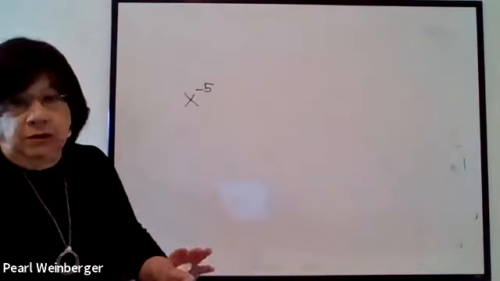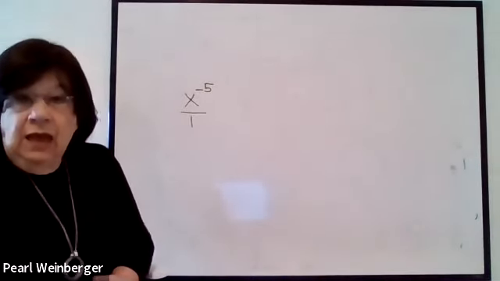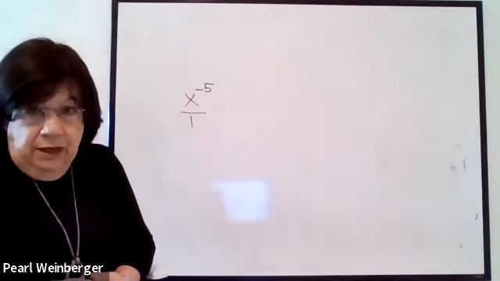Whenever you have an expression with exponents, especially if there's a negative exponent, and you want to simplify it, first of all, if your example is not a fraction, write it as a fraction. If it is already a fraction, then that's good. So we had this x to the negative 5th, and we're going to put it over 1 to make it into a fraction. Here's what you do with a negative exponent. A negative exponent indicates that you have to take the reciprocal.